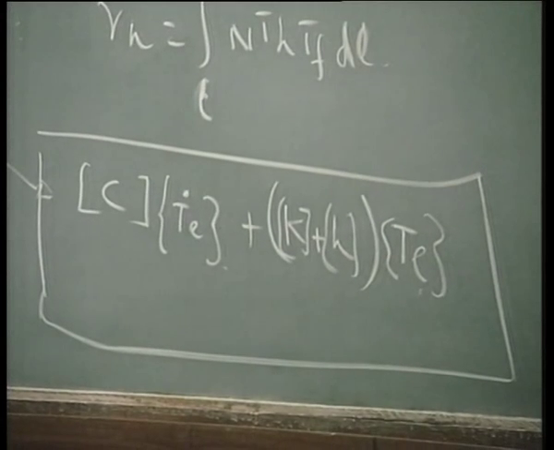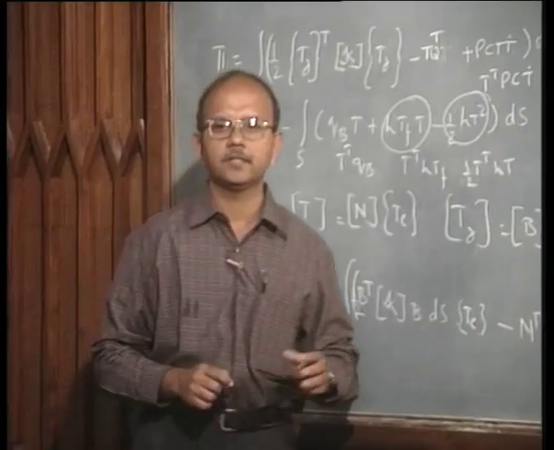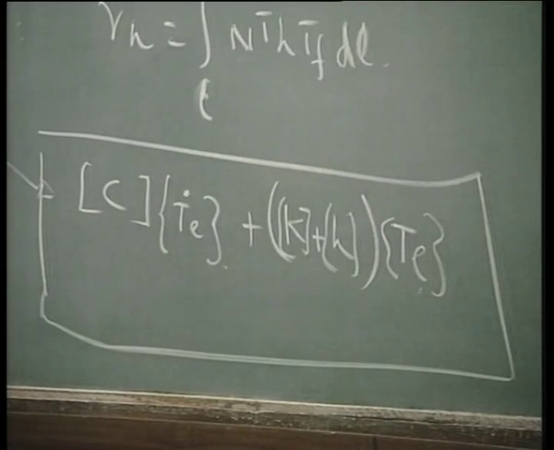Going by sign, minus C dot plus KH. No, plus, you have made a mistake. Plus, that's right. C T dot plus K H T.